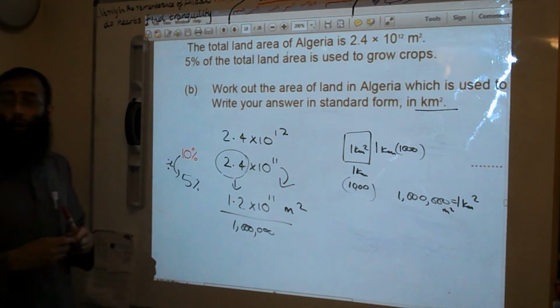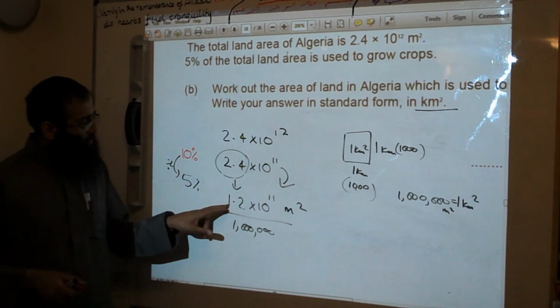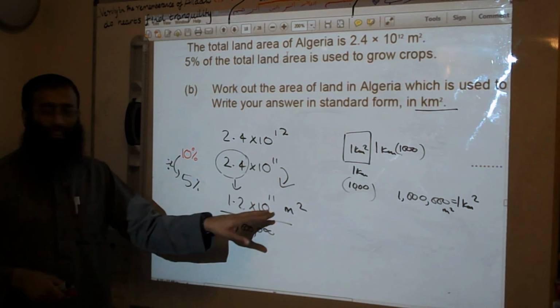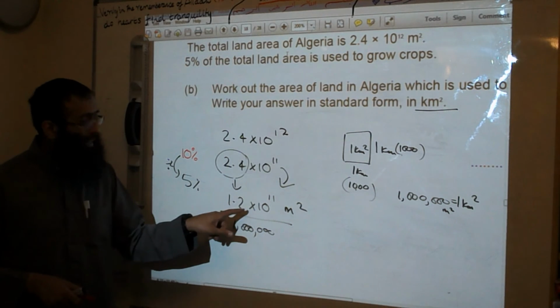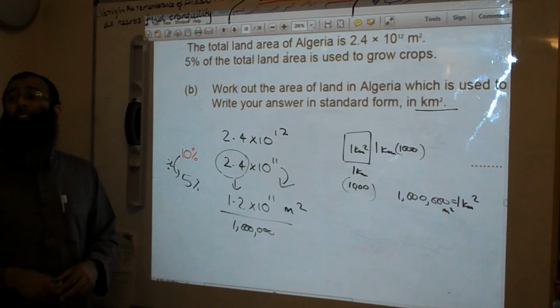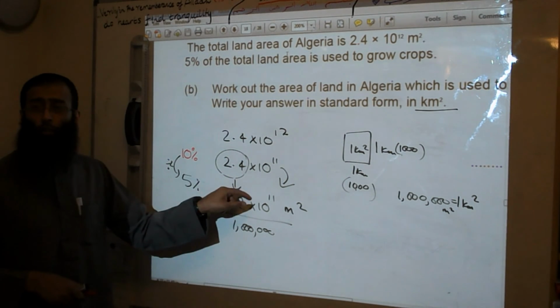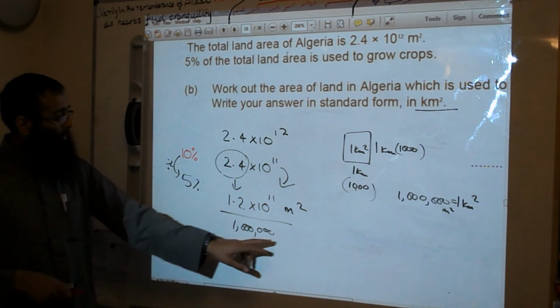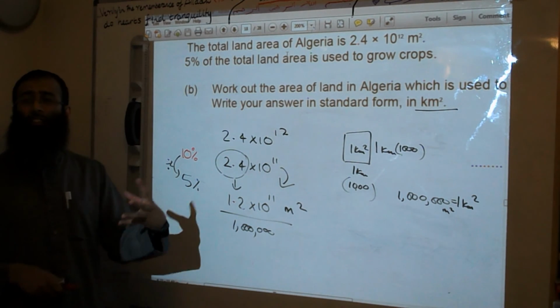Now remember this is 1.2 times 10 to the 11. So how many zeros do we actually have on this? We don't have 11 zeros, we have 10 zeros, because you have to jump once over the 2 and then another 10 zeros. So we've got 10 zeros in the number and we're dividing by a number that has 6 zeros.